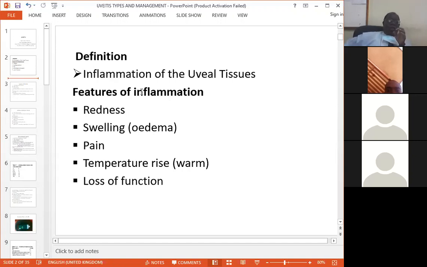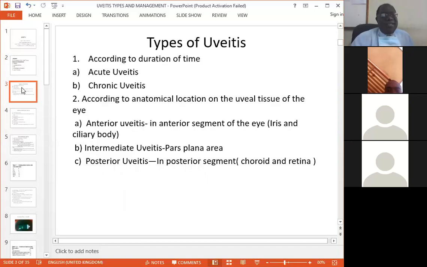Okay, if you are talking of acute uveitis, they are going to have redness. Features of inflammation will be there. They will have redness normally around the limbus. If it is in the chronic stage, there may not be any redness of the eye.